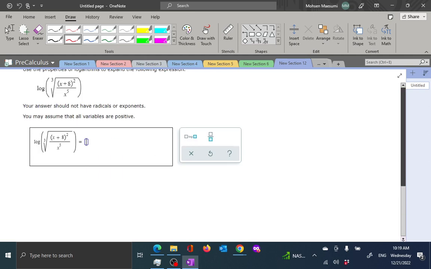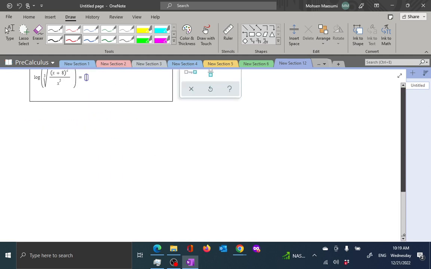So what is the general idea? The general idea is to combine the rules of logarithms we had last time. You remember we had the logarithm of m times n in base b was the logarithm of m in base b plus the logarithm of n in base b.